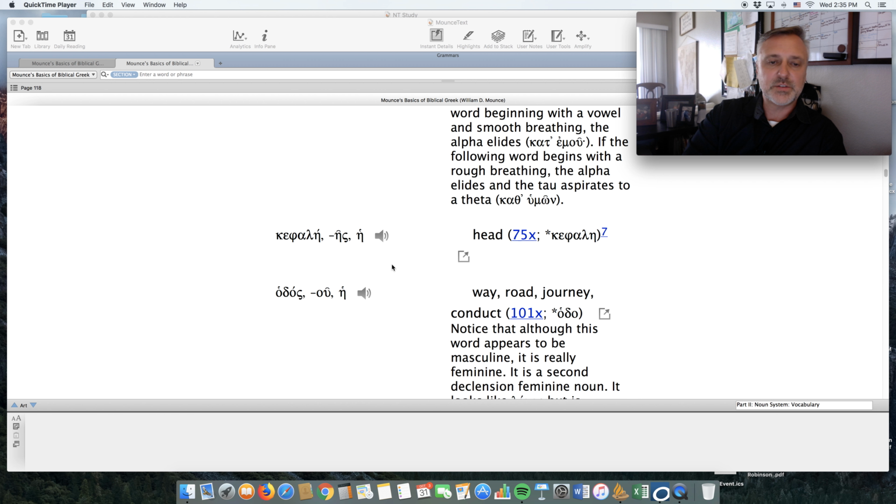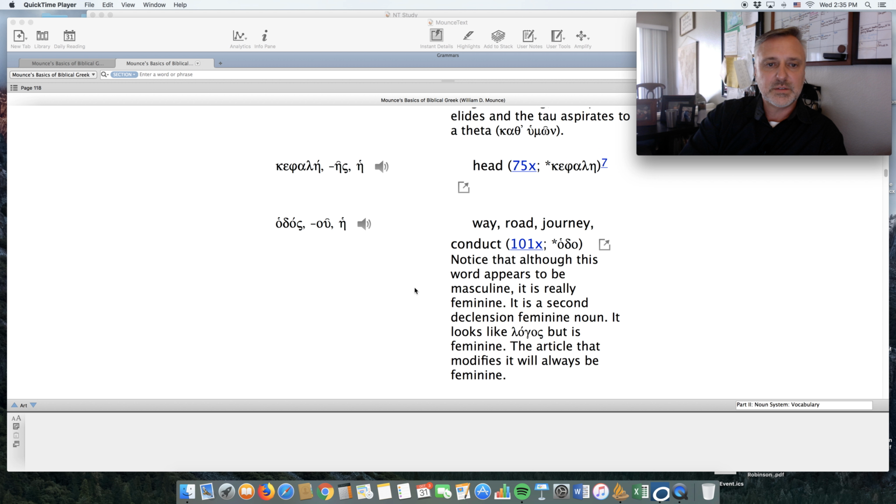All right, here's our next vocabulary word, kephale. Kephale is feminine, he kephale, meaning head. All right. Hodos. He hodos is an interesting word. It means the way or the road or the journey.